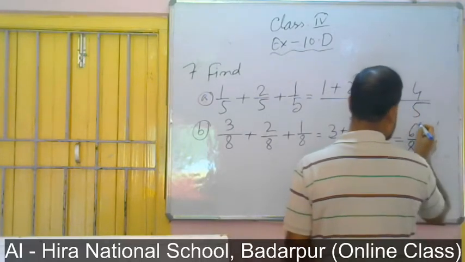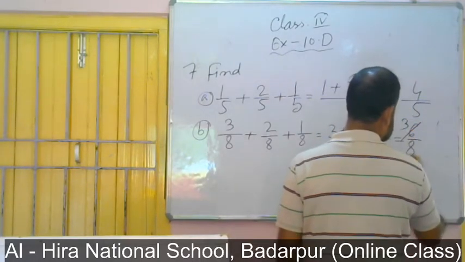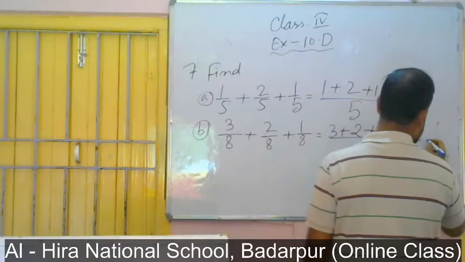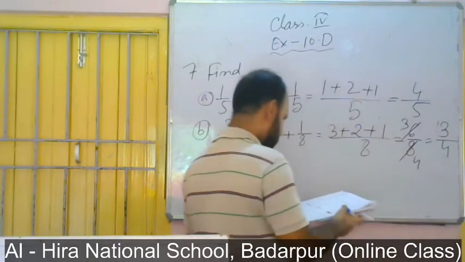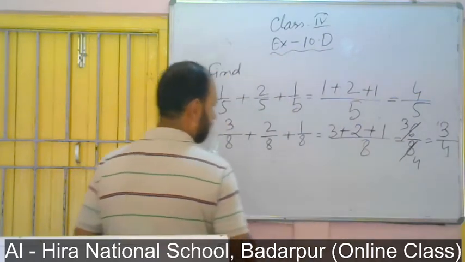If we cut with 2, 2 threes are 6 and 2 fours are 8. The answer is 3 by 4.